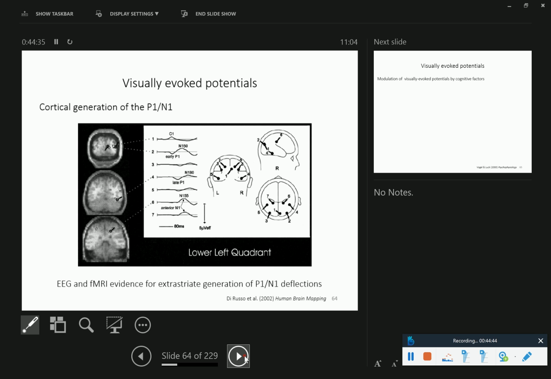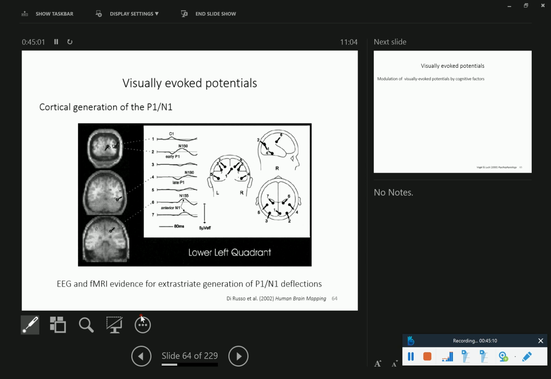So there are like 4 labels for the same thing: striate cortex, calcarine sulcus, V1, primary visual cortex. What's it? Area 40, 37? Actually, I don't know. Brodmann areas. I stopped memorizing Brodmann areas at one point. So there are like 5 labels for the same thing, which is not a good sign.